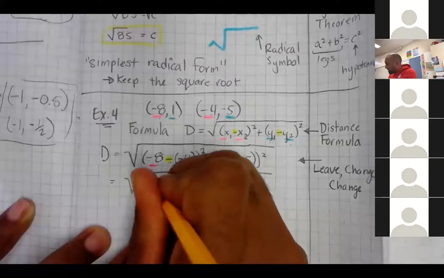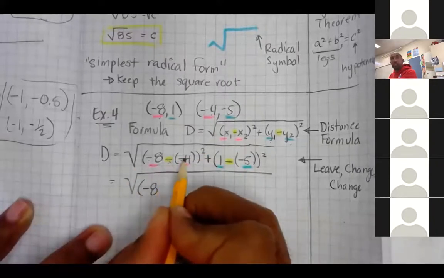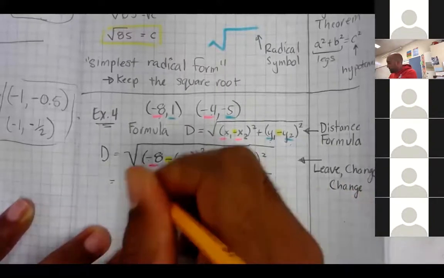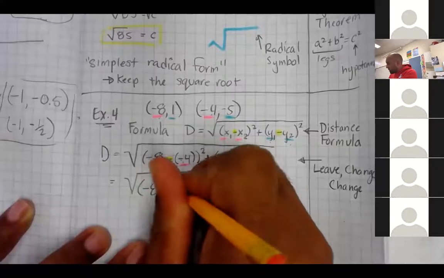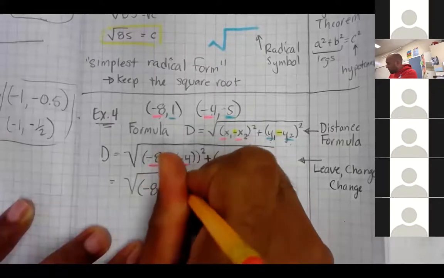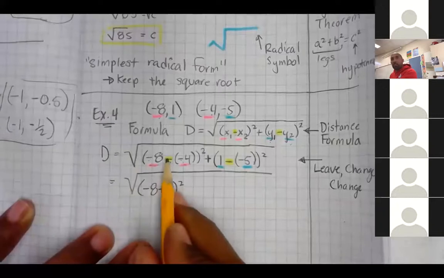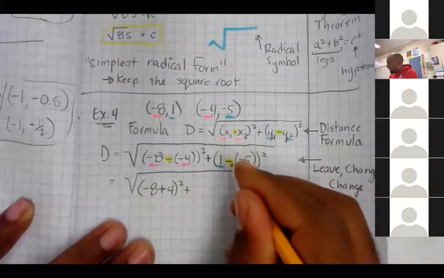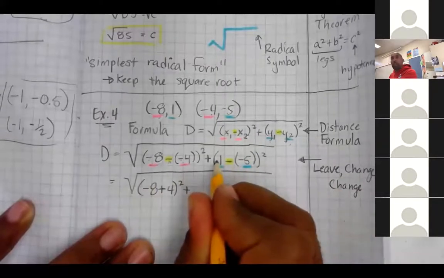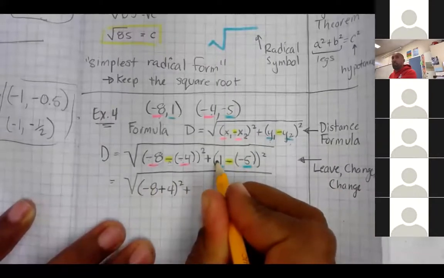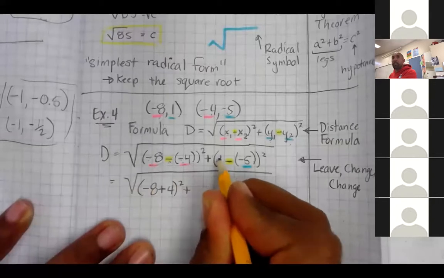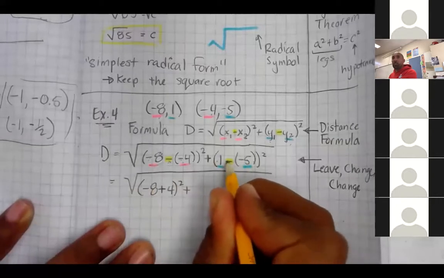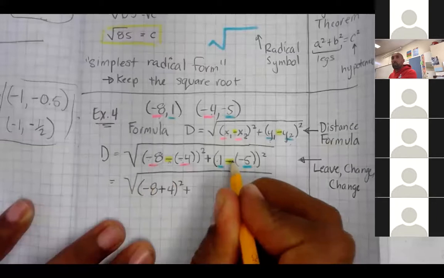And we have leave the same. And this becomes plus plus, which is just plus. So I don't have to write two pluses in a row. And as you guys know, negative, negative becomes positive. Same thing here, leave. Now there's no symbol written, but there is a plus in front of that one. We just don't write it. So leave, change, change. So these two become both positive.